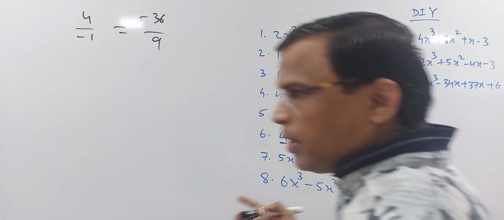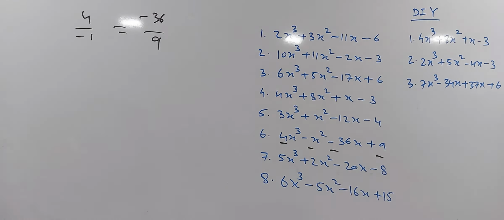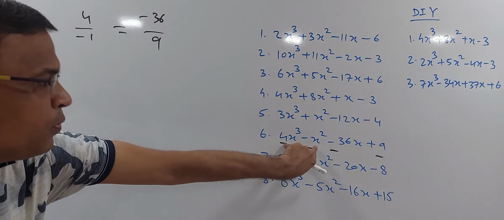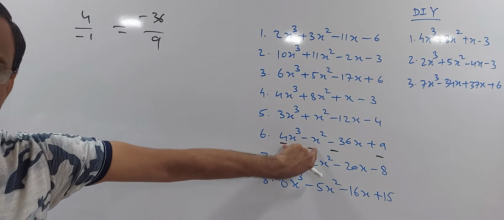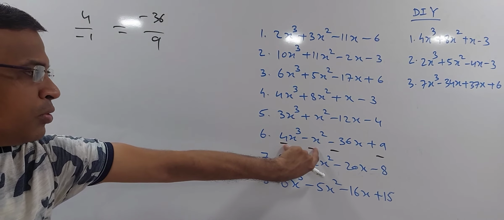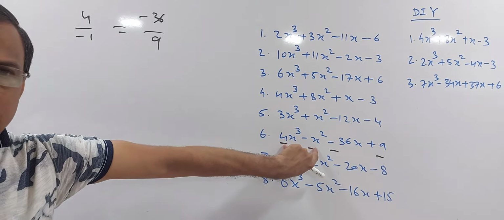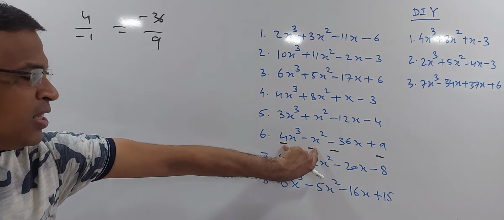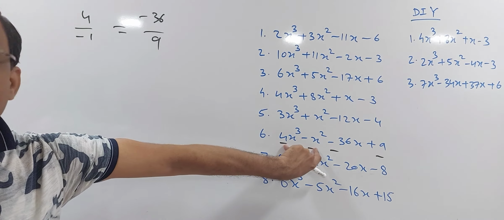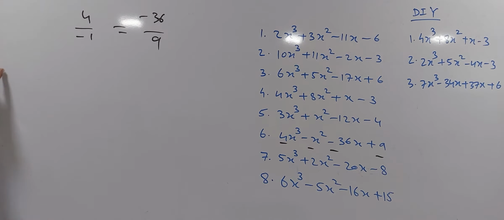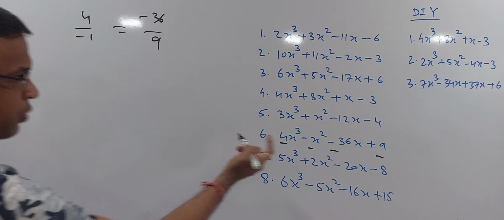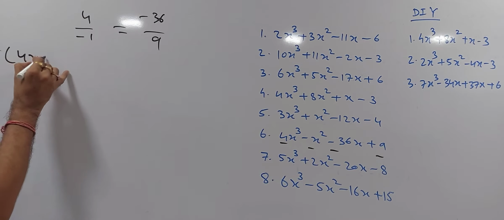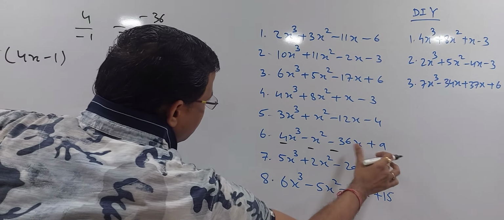So that means if you remember the approach which I have followed, just pick up these two, calculate the HCF or the GCD, whatever you call, and take that to be common. So what is the HCF of these two? It is x square. So let me just take x square as common. So it will be 4x minus 1. And from these two, what is the HCF?